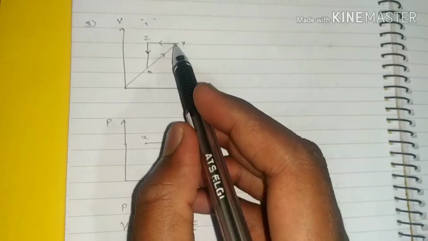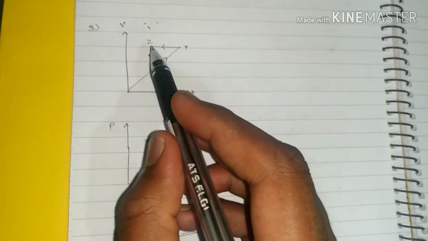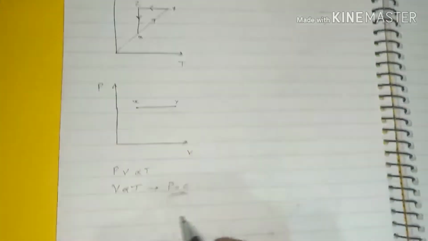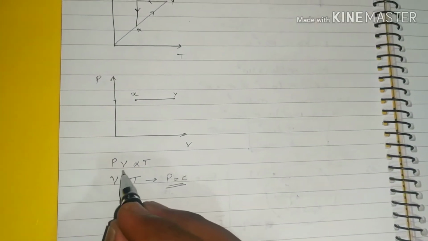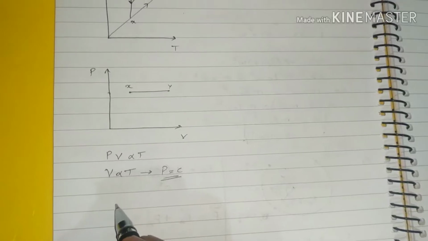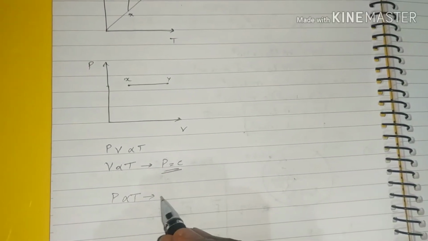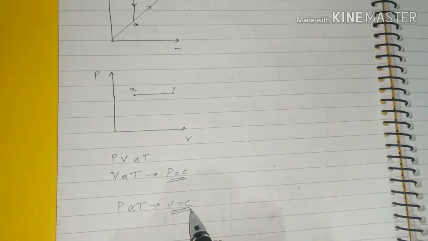Now let's proceed with the next graph, y to z. You'll see that the volume is constant in this case and the temperature is decreasing from y to z. So from PV proportional to T, if volume is constant, we are pretty clear that pressure is directly proportional to temperature when volume is constant.